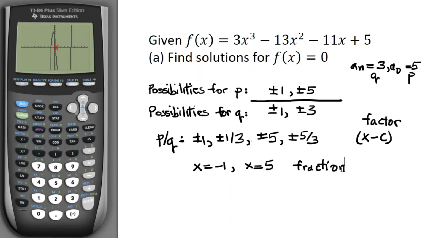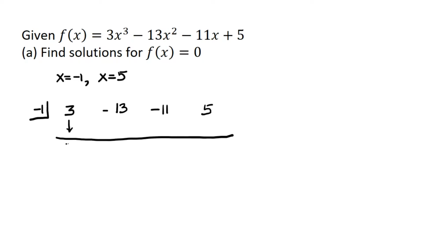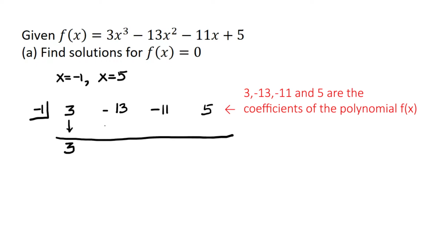And so I'm going to use synthetic division to test. We're going to test x equals minus 1 first. Remember, with synthetic division, you bring down the first coefficient. These are the coefficients of the polynomial, and negative 1 times 3 is negative 3. Let's add those up. So I get negative 16.